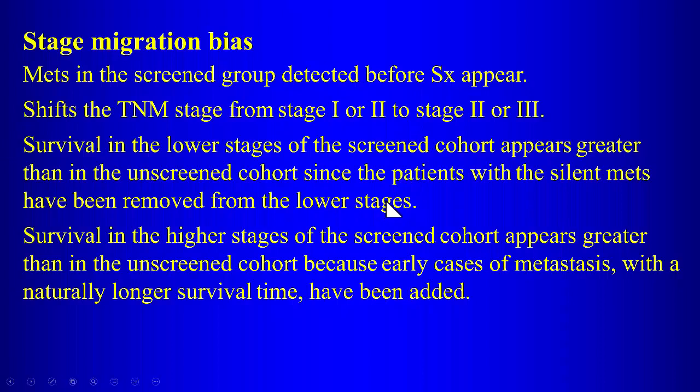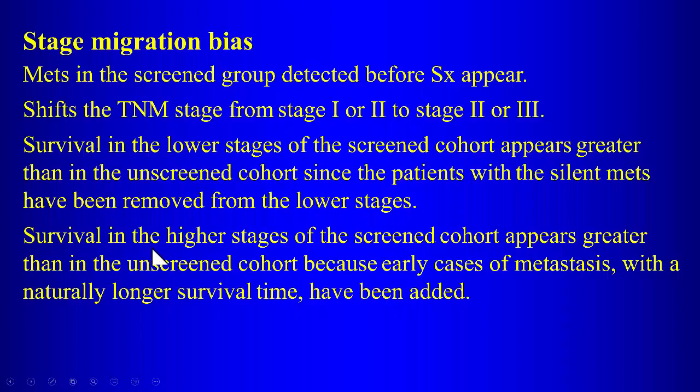So the silent metastatic lesions will be removed from the lower stages. So the survival in the lower stages of the screened cohort appears greater than in the unscreened cohort.